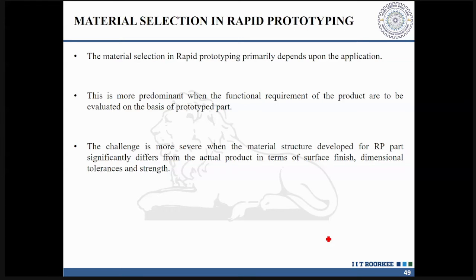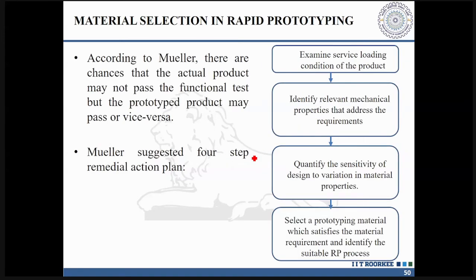The first thing is to consider the prototype manufacturing, that what is going to be the actual product that I am going to use, in terms of surface finish, in terms of dimensional tolerances, so that I can select the material for that particular prototype. So this is the 4-step methodology that Mueller has defined for us.